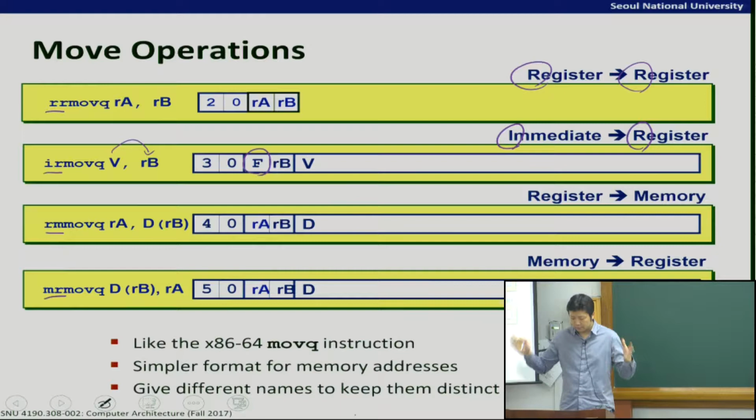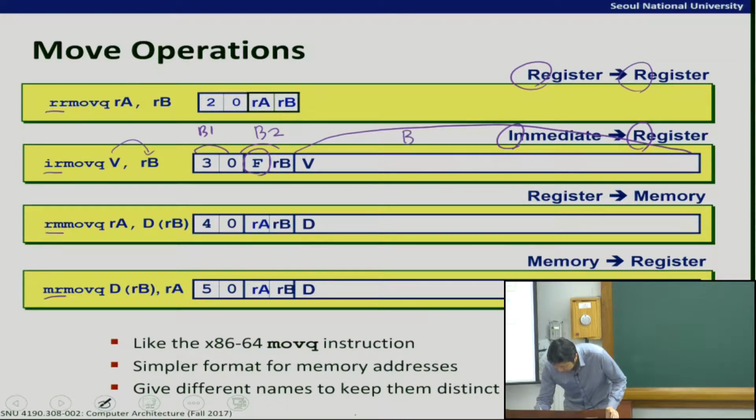In the case of the ir move, we use 10 bytes. This is byte 1, this is byte 2, and the V field takes 8 bytes, B3 through B10.